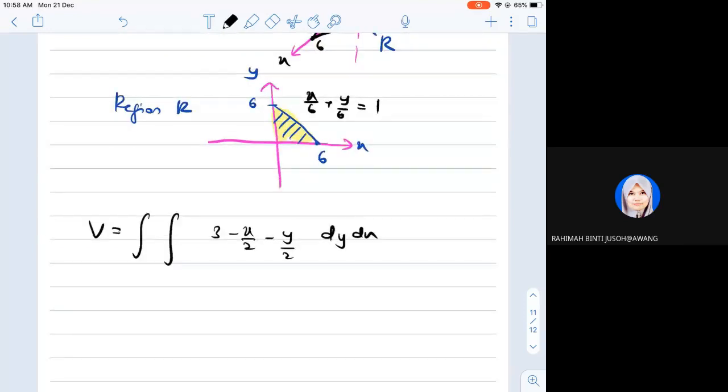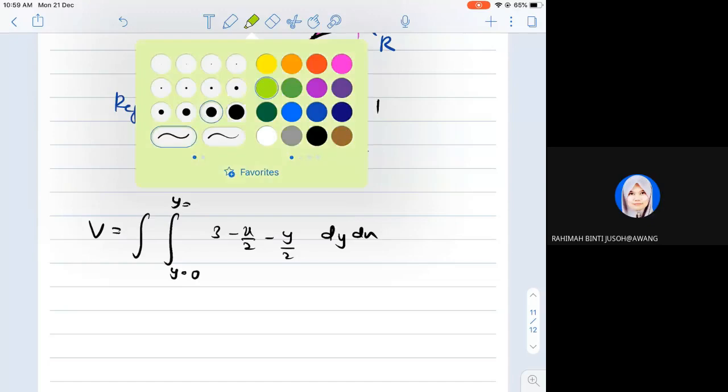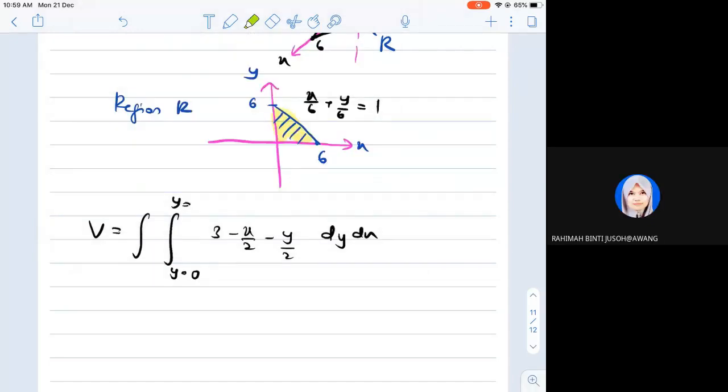can you give me the limit? The lower limit of y? Y from? Y equals 0. Okay, good. Until y equals 6 minus x. Remember, on the outside here must be lines. So from bottom to top, that line is x plus y equals 6.